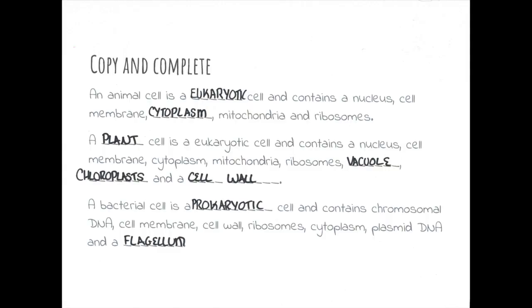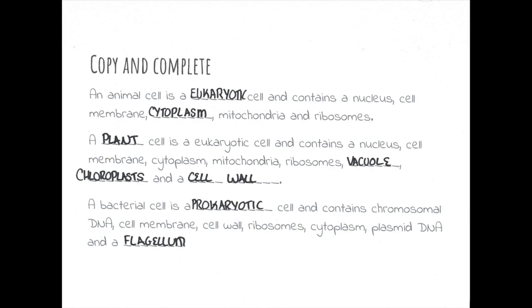Let's check our answers. An animal cell is a eukaryotic cell and contains a nucleus, cell membrane, cytoplasm, mitochondria and ribosomes. A plant cell is a eukaryotic cell and contains a nucleus, cell membrane, cytoplasm, mitochondria, ribosomes, vacuole, chloroplast and cell wall.